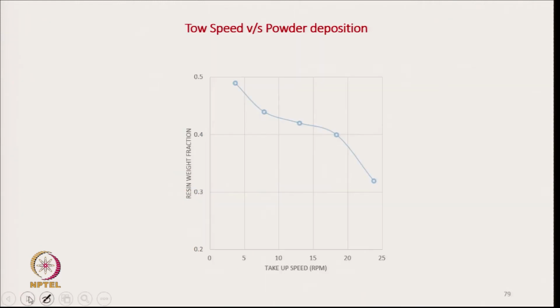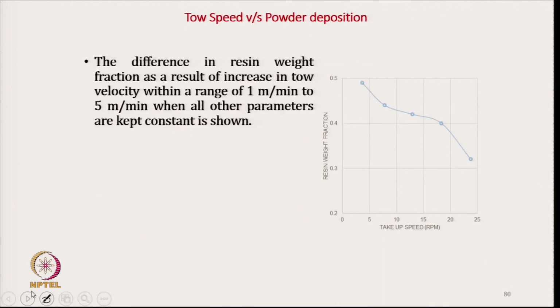Next experiment was the effect of toe speed on powder deposition. The difference in resin weight fraction we can see with the increase in take up speed, it is consistently reducing, which can be explained by the residence time.